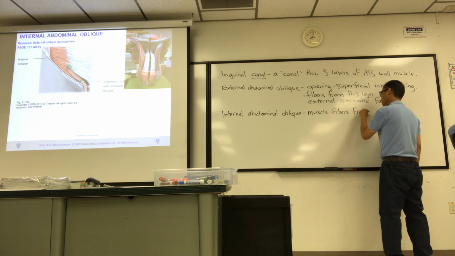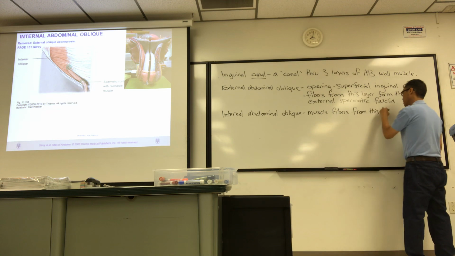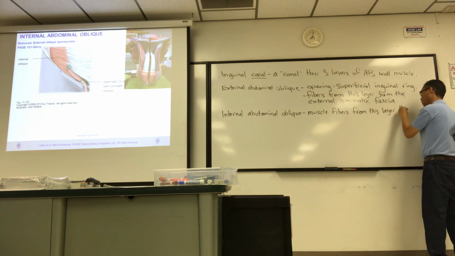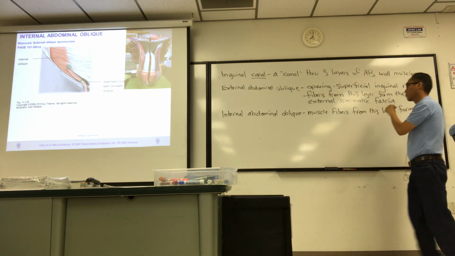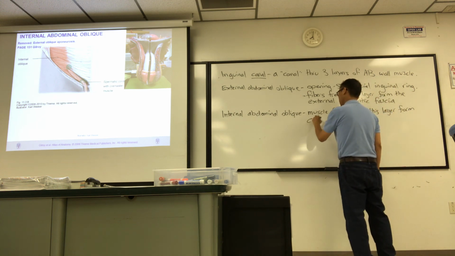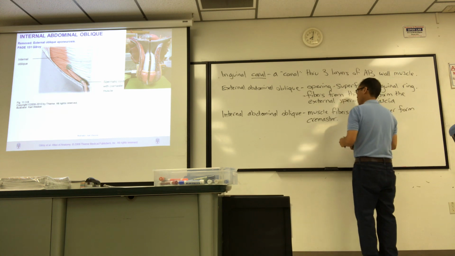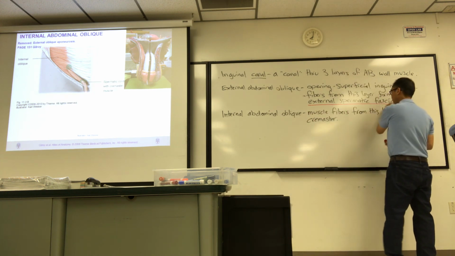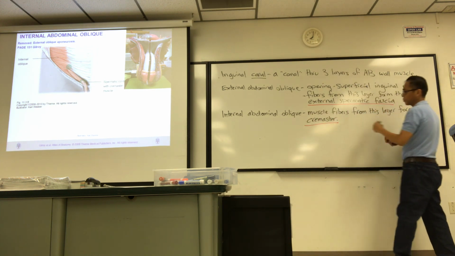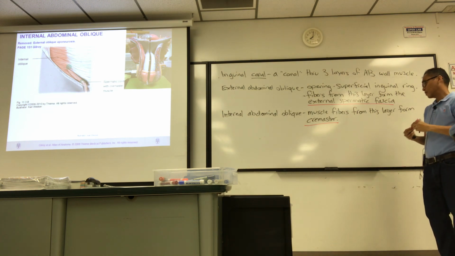Muscle fibers from this layer form cremaster. So far we got two layers, external spermatic fascia and cremaster, which is muscle fibers.